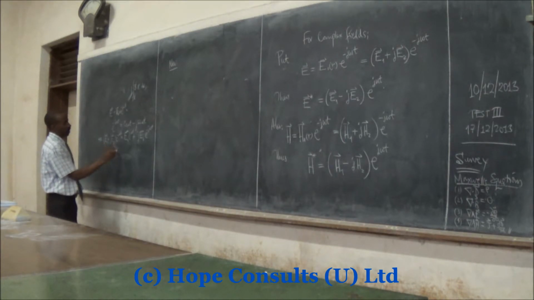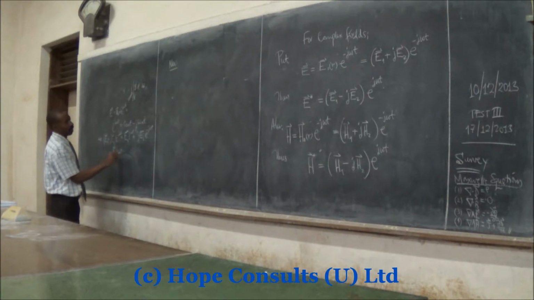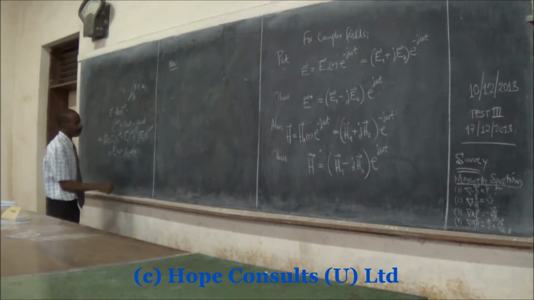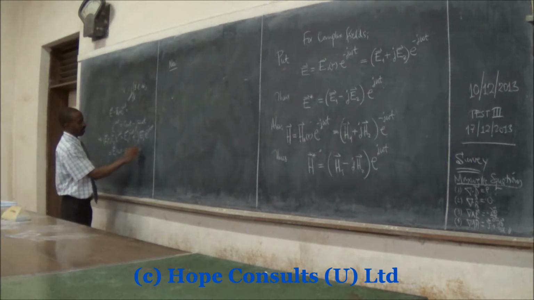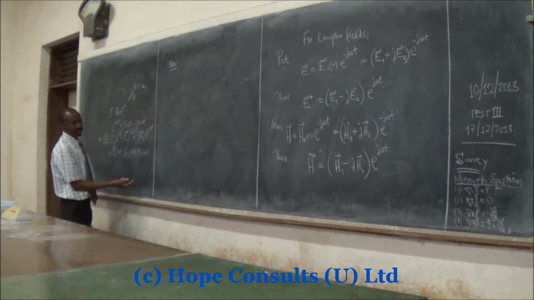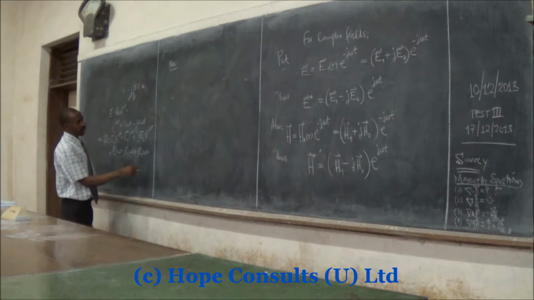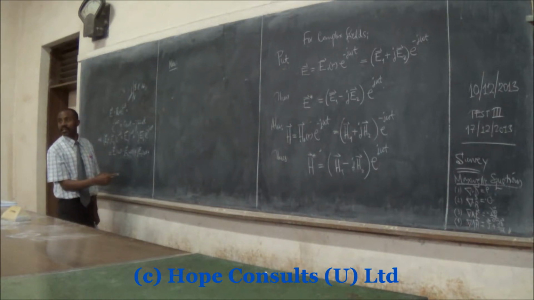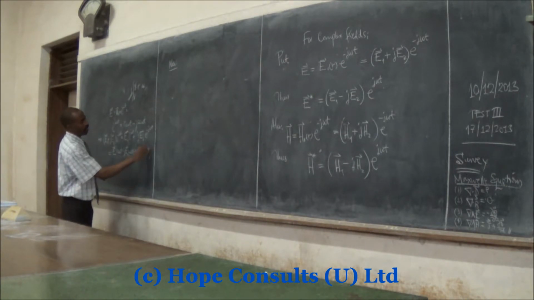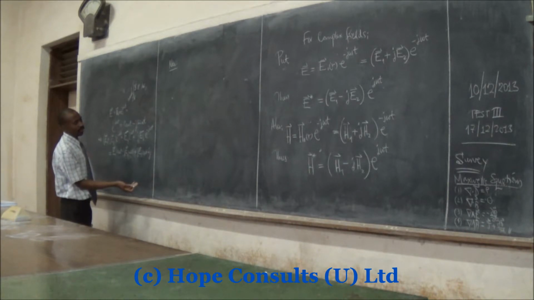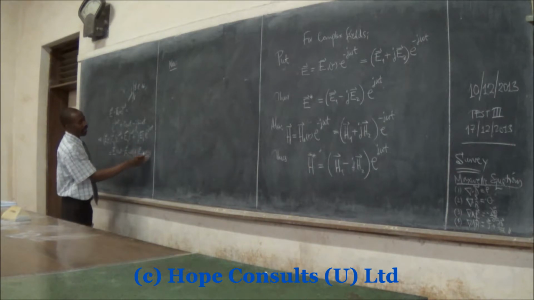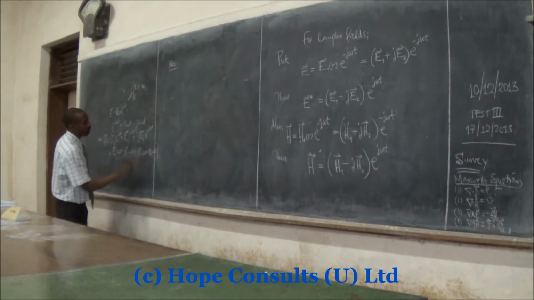So this is E1 cos omega t minus j E1 sin omega t plus j E2 cos omega t, then minus j times minus j is positive, so plus E2 sin omega t. Okay, now you seem to be waking up.